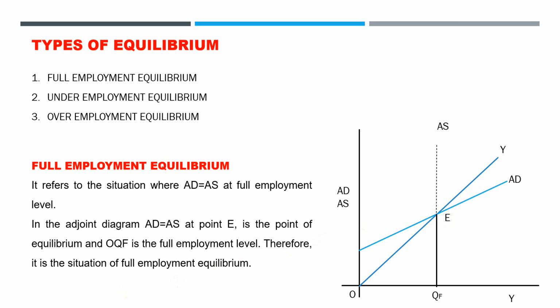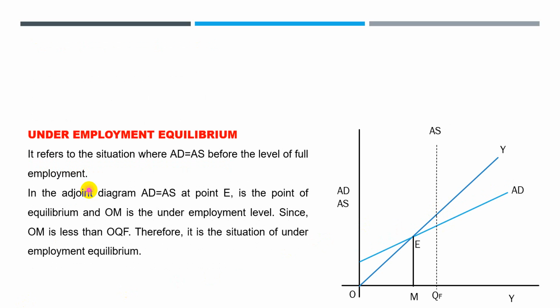Now let us move to the second one, underemployment equilibrium. It refers to the situation where the aggregate demand curve intersects the aggregate supply curve, that is AD is equal to AS, before the level of full employment. In the diagram, our full employment level is OQF. Now the AD curve intersects the 45-degree line or aggregate supply curve at point E, corresponding to the OM level of output.